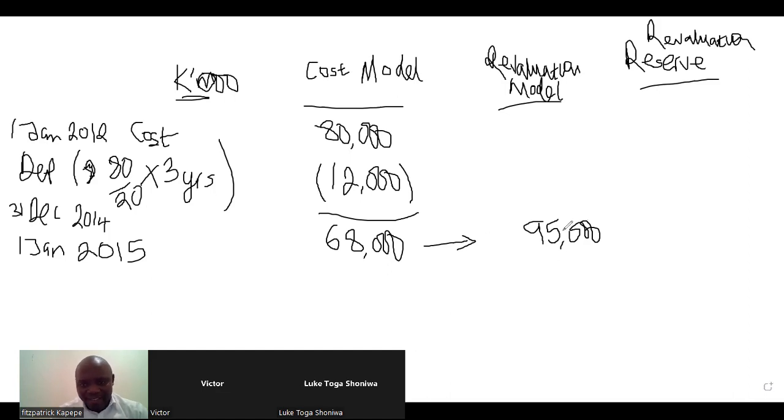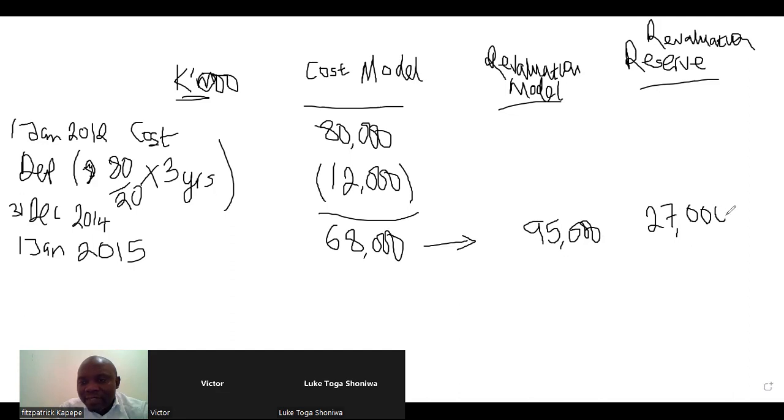So 68 million, your asset has gone to 95. The first half of the balance sheet has increased by the difference. The difference between these two is 27, meaning that what will go into your revaluation reserve will be 27,000, or 27 million.